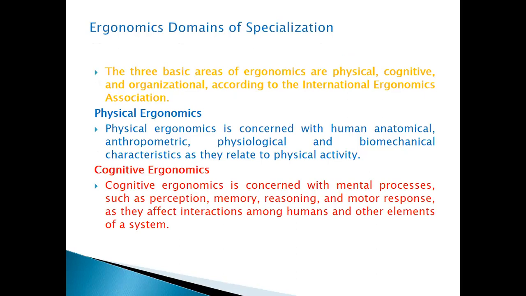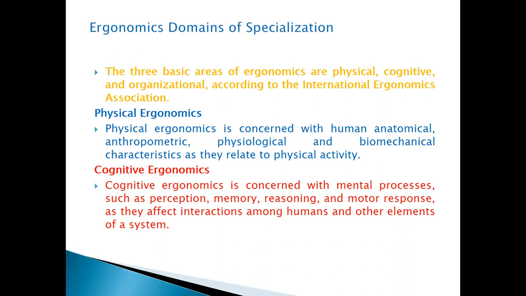What are the different classifications or domain specific categories in ergonomics engineering? There are three basic areas: physical ergonomics, cognitive ergonomics, and organizational ergonomics. Now we will have a short and crisp introduction to all three categories.